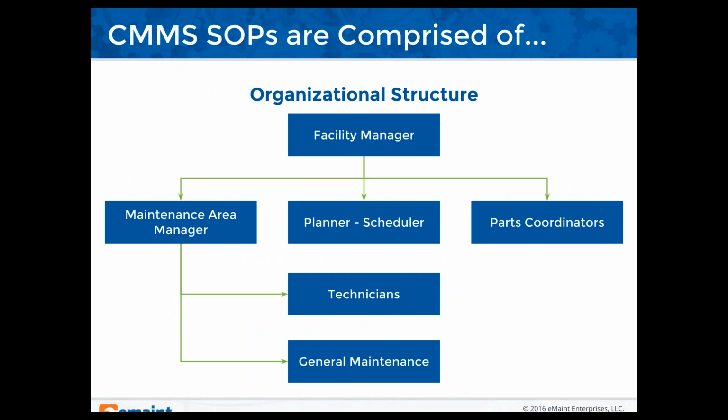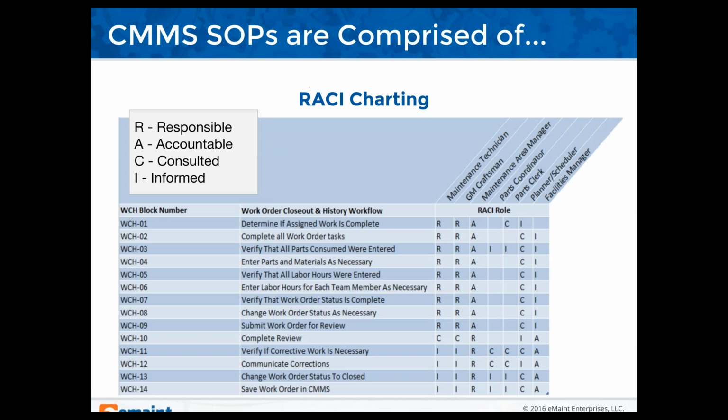Another component of the SOP we find is an organization chart. It gives a flavor of the players involved, the roles of the players, and where they play in terms of the implementation of CMMS and the maintenance organization. And we like to expand on that in terms of what we call a RACI chart.